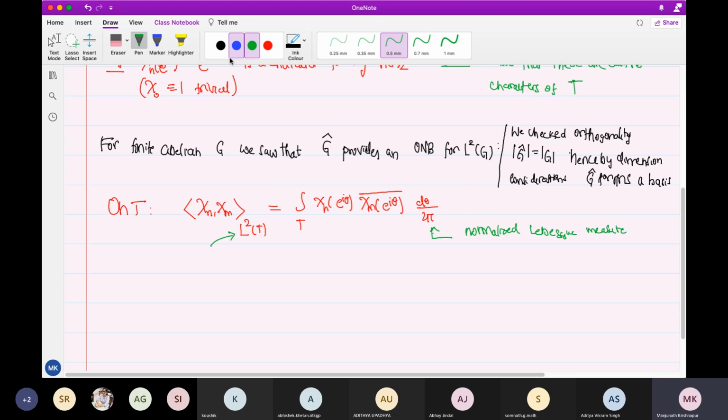So what is this actually? This is just the integral from 0 to 2 pi of e to the i n theta times e to the i m theta conjugate.